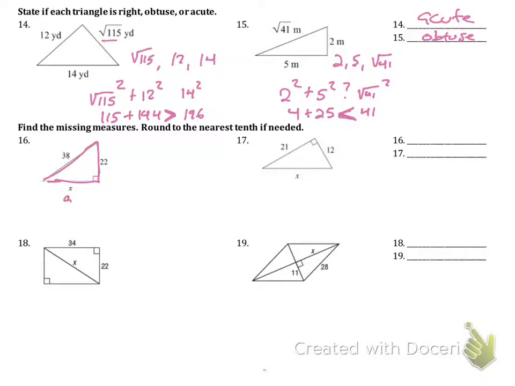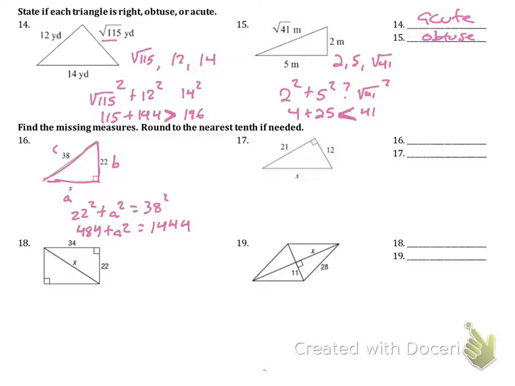This is A, this is B, and this is C. So 22 squared plus A squared is equal to 38 squared. 22 squared is equal to 484. 38 squared is equal to 1,444. So I would subtract 484 from each side, and then I'll get 960. So a squared is equal to 960.